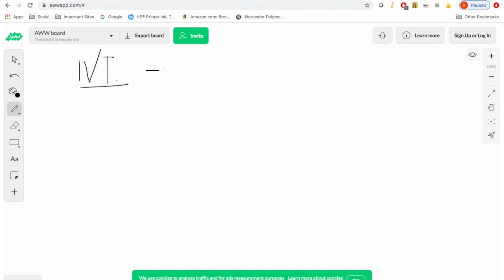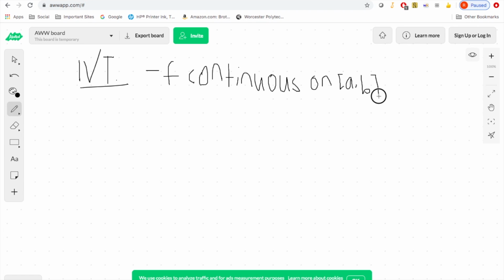In order to actually apply this theorem, let f be the function we're talking about. f needs to be continuous on [A, B], and that's a closed interval, so we use brackets instead of parentheses. So if f is continuous on this closed interval [A, B], we can apply the theorem.